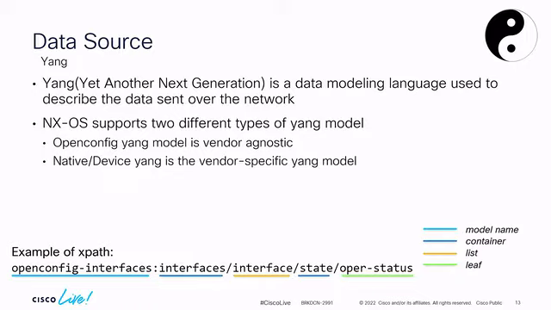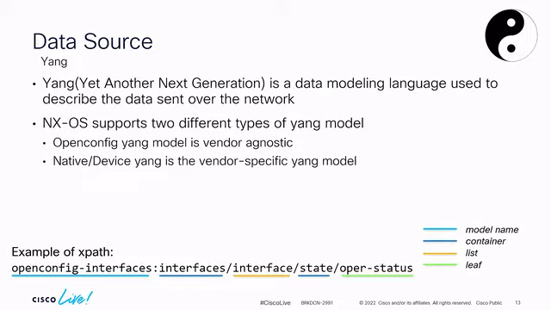So when you are using a YANG model for streaming telemetry, you're going to be working with something called XPath. This is a format that we usually use to address an element in XML documentation, but we borrowed that for the YANG model. So this is like the sensor path that you're going to use to stream telemetry.